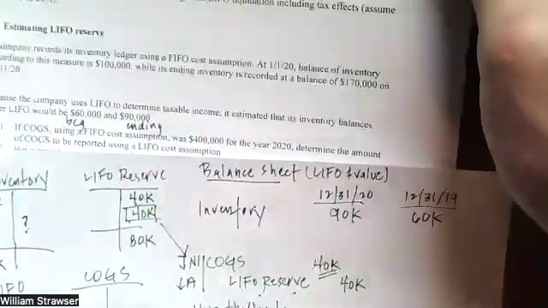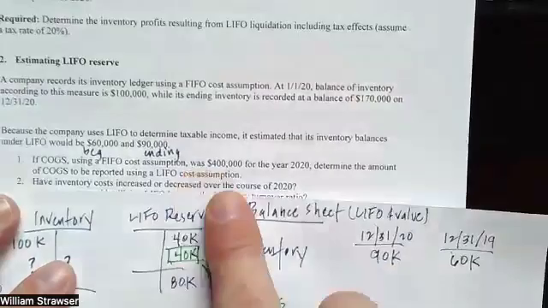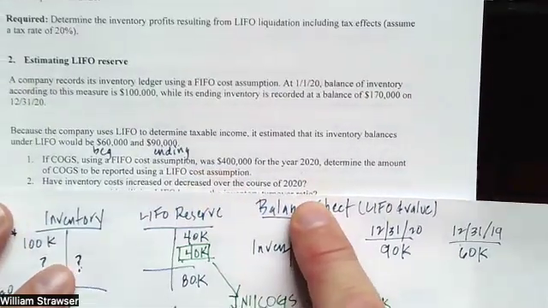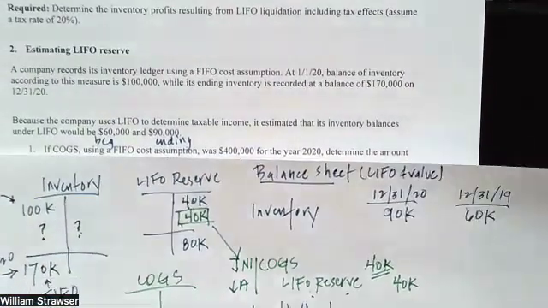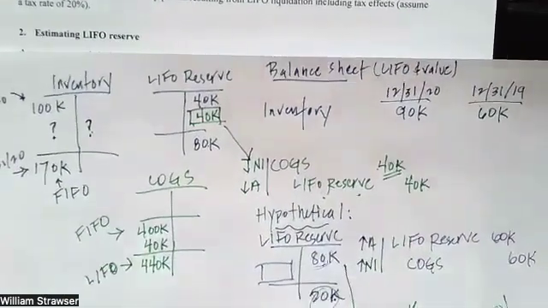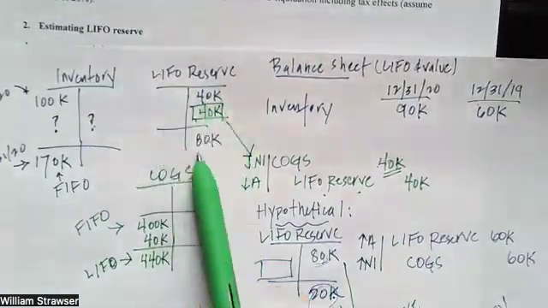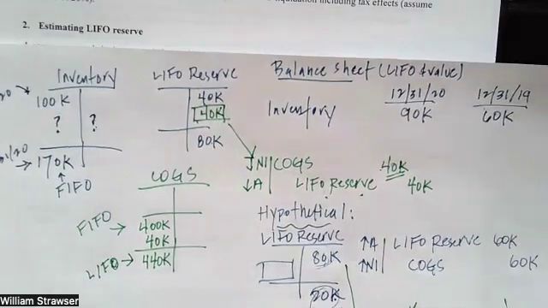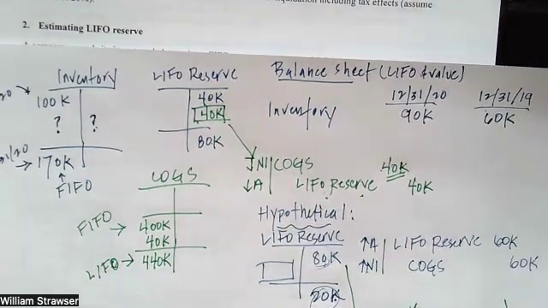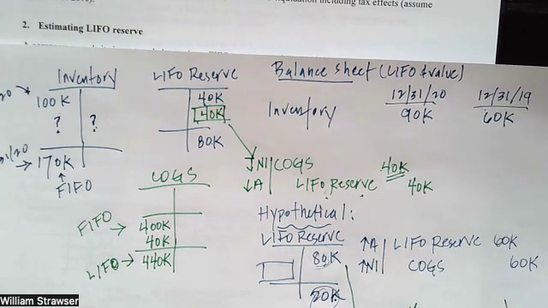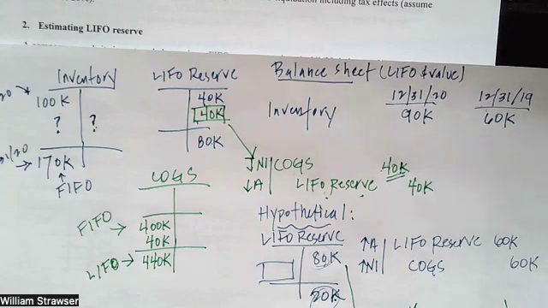The second question on this problem asks, have inventory costs increased or decreased over the course of 2020? This was the hypothetical that we did. If the LIFO reserve is growing, then all indications would point to inventory costs rising over time.